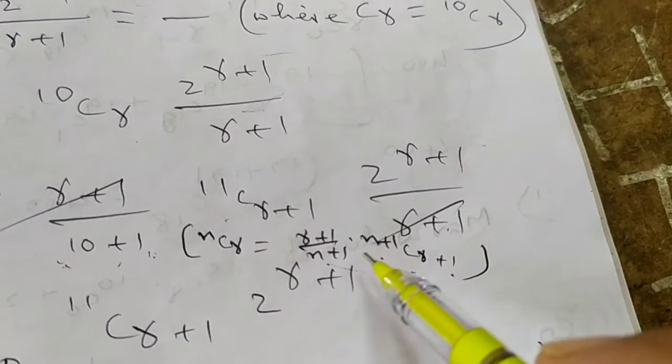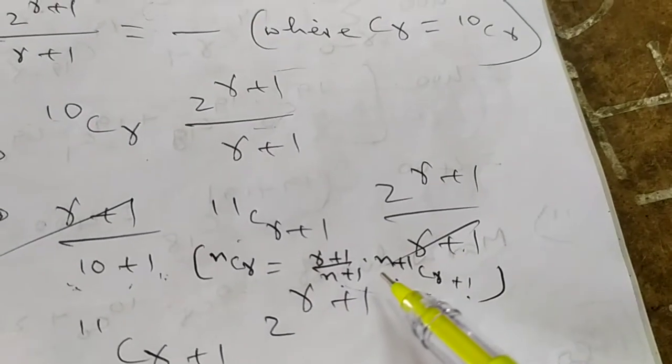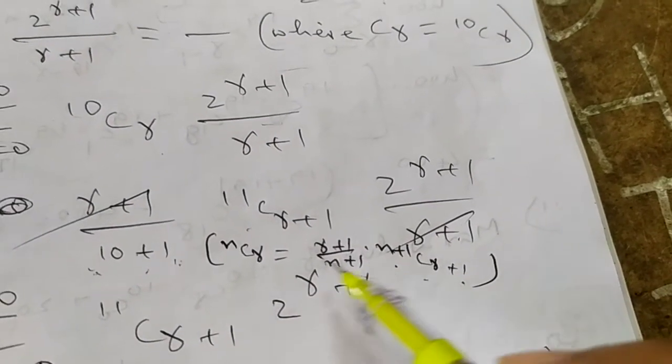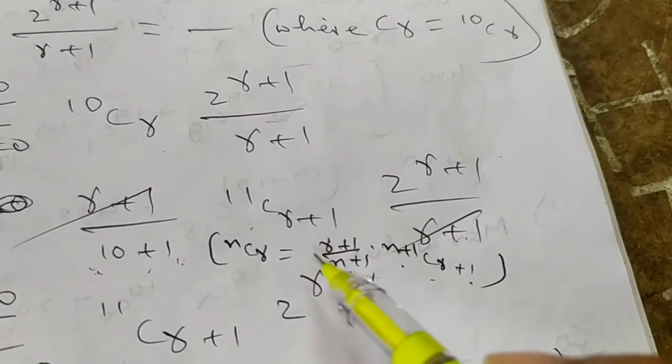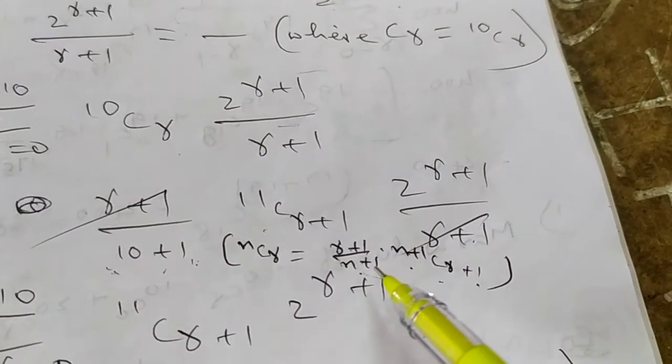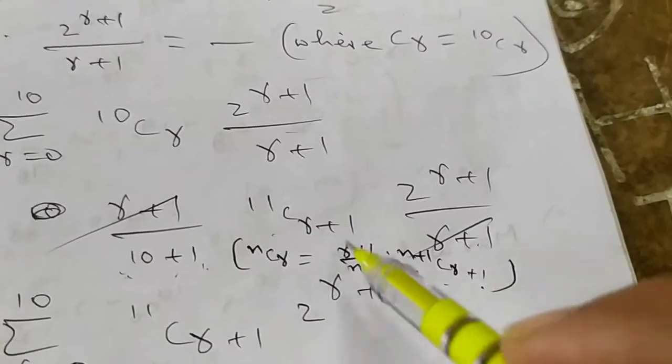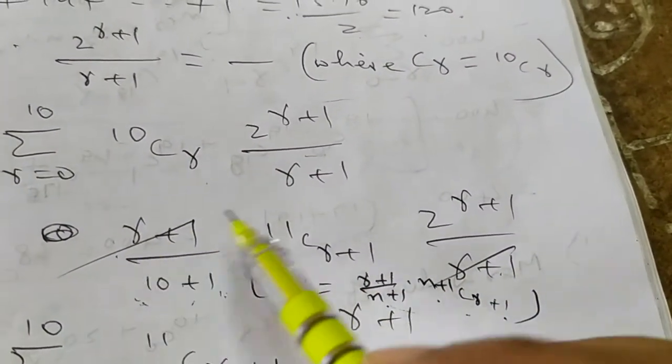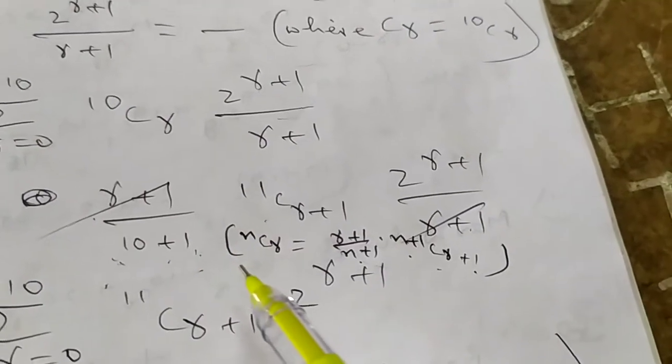See, this is one of the properties of nCr, from the first class of binomial theorem. We use this daily, okay? So to cancel r plus 1 in the denominator, we must apply this formula. So from this formula, 10Cr equals r plus 1 by 10 plus 1.